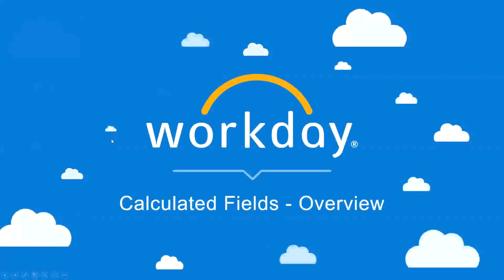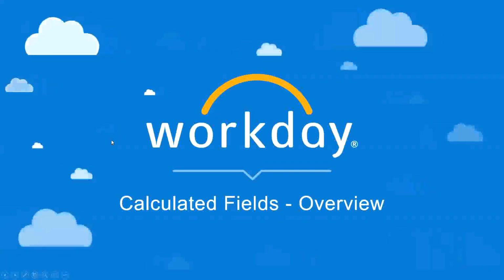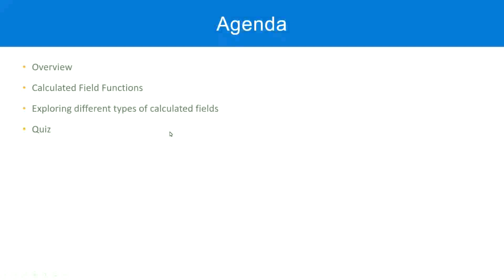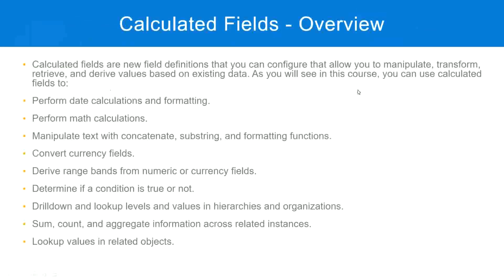So Workday gives you the ability to create calculated fields. Now, what are calculated fields? Calculated fields are new field definitions that you will configure, and they allow you to manipulate data, transform, retrieve and derive values based on existing data. So some data would be there in Workday.